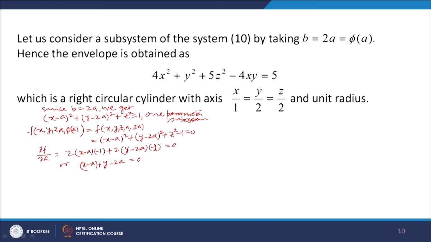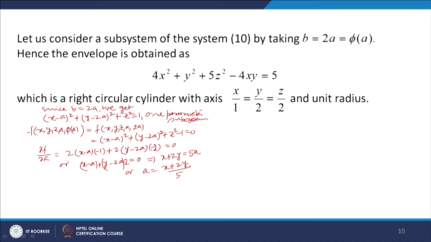So dividing by minus 2, we have (x minus a) plus 2 times (y minus 2a) equal to 0. This gives x plus 2y equal to 5a, or a equal to (x plus 2y) divided by 5.